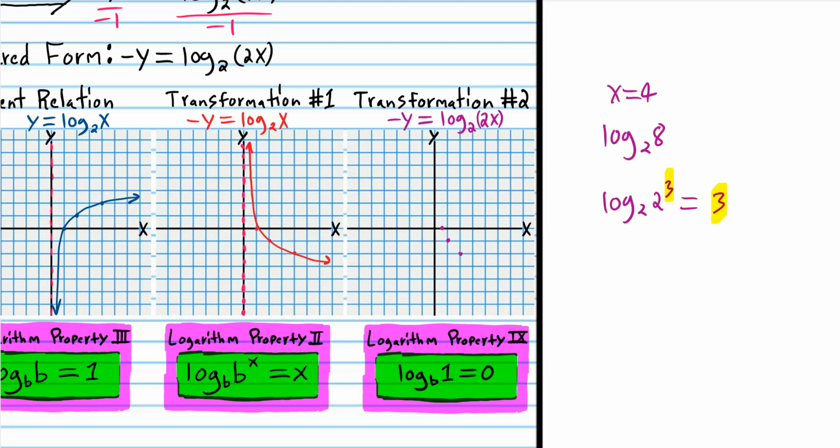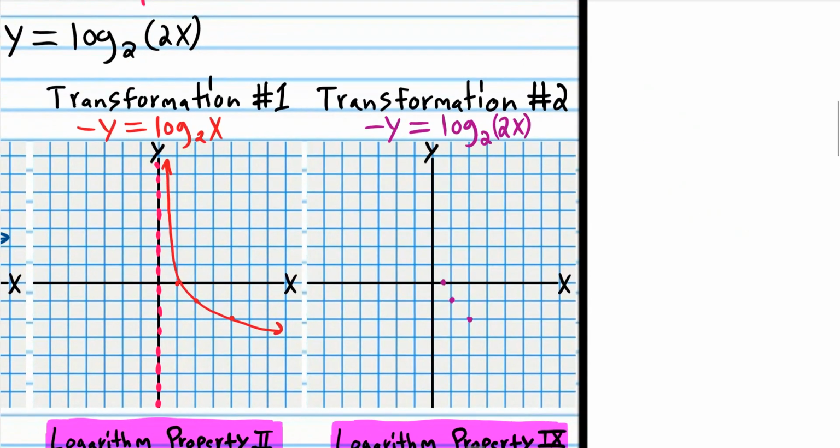So if we plug in 4 for x, we get 3 for that logarithm. But don't forget, we have a negative y over here. So negative y is equal to 3, and so y is equal to negative 3. So if we plug in 4 for x, we get negative 3.